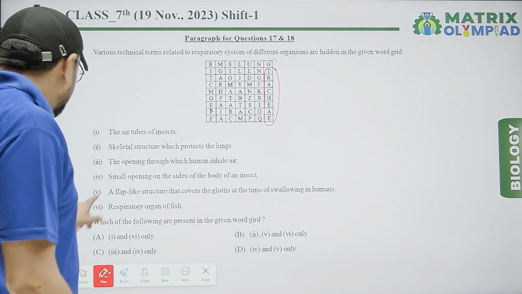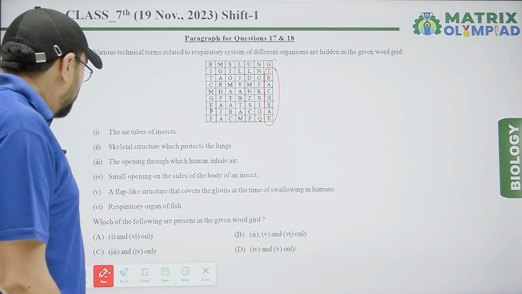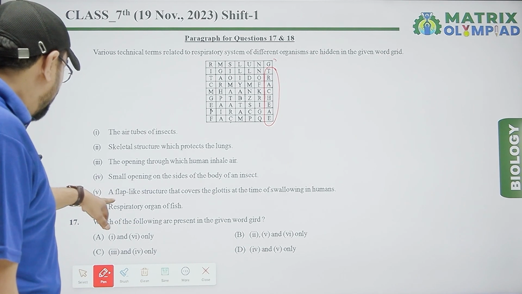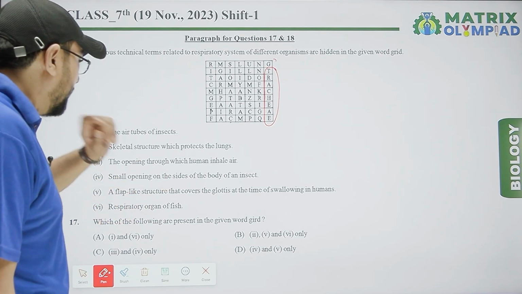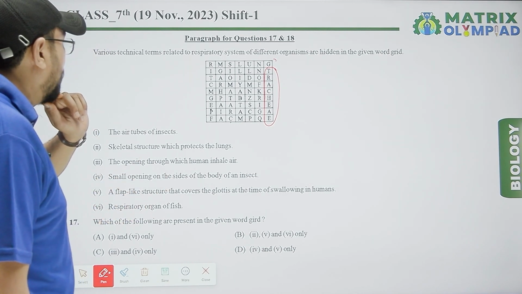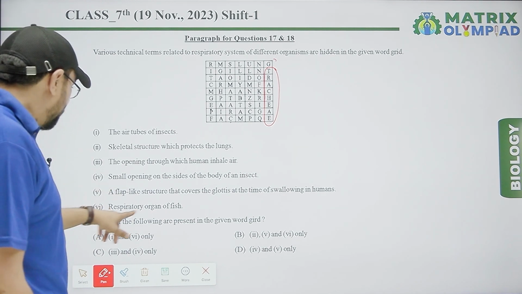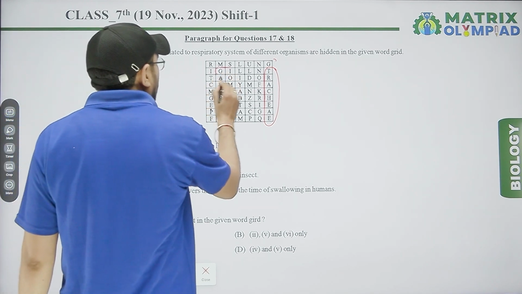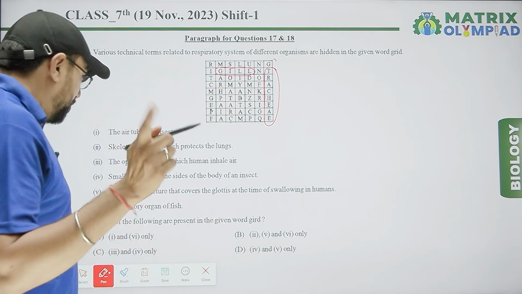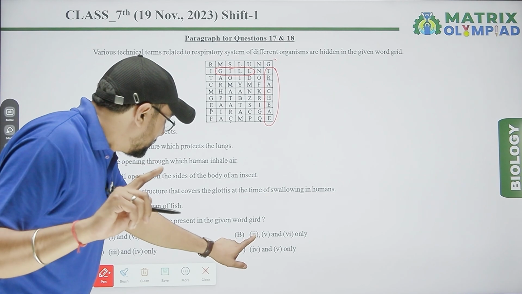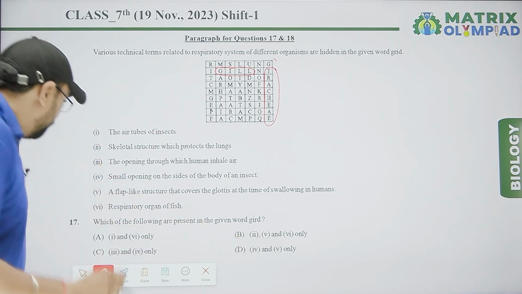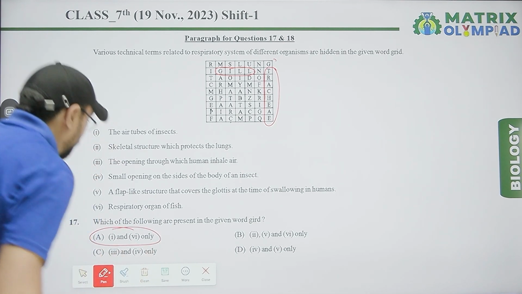Next one is the small opening on the side of the body of an insect, and the flap-like structure that covers the glottis at the time of swallowing in humans. And the last one is the respiratory organ in fish, that is gill. So according to the matching, second, fourth, sixth, first, sixth is present in this grid.